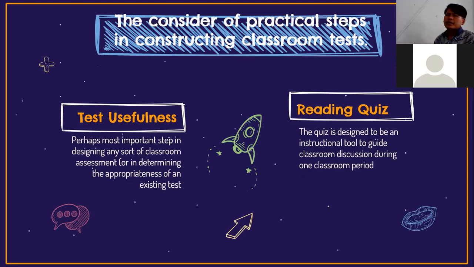Next is the consideration of practical steps in the classroom test. There are two. The first is test usefulness, the first and most important step in designing any sort of classroom assessment or in determining the appropriateness of an existing test. Second is the reading quiz.